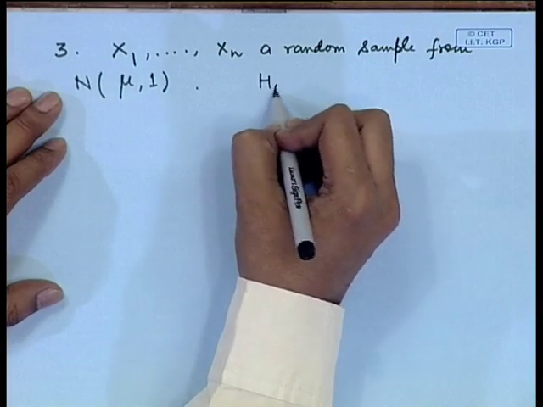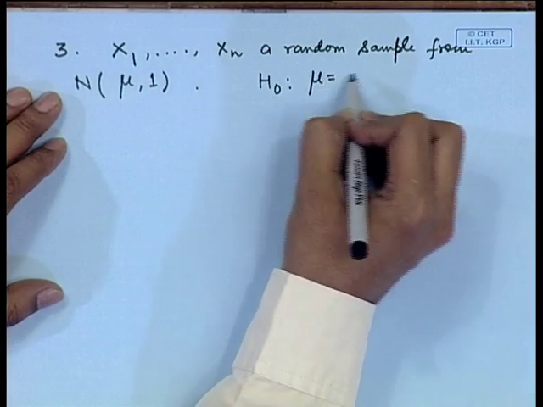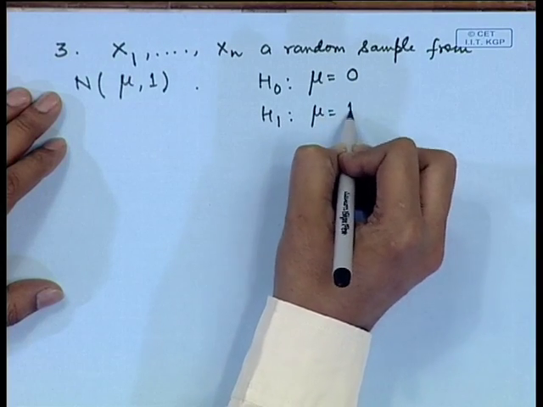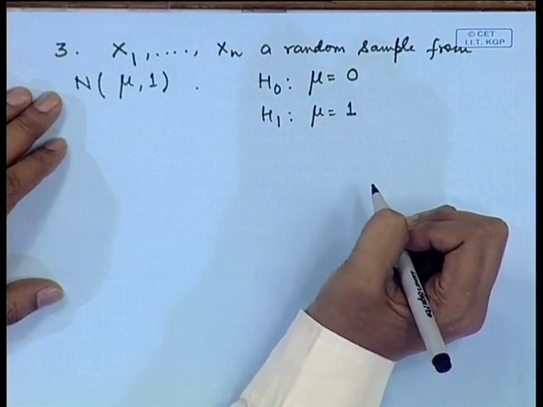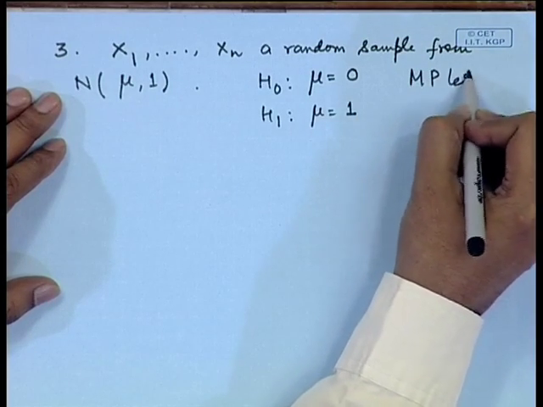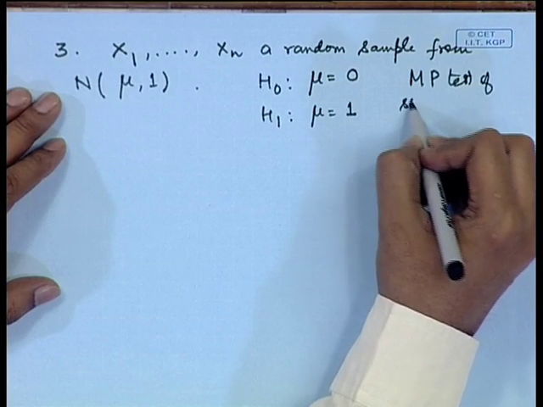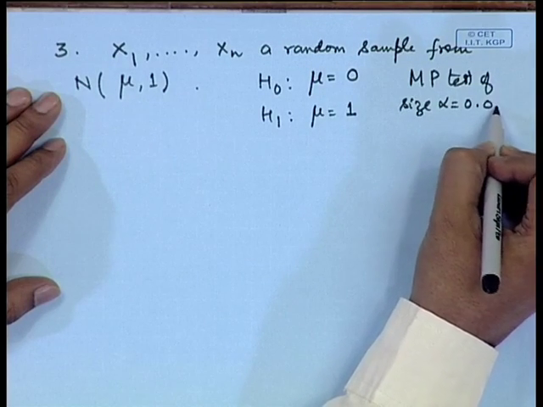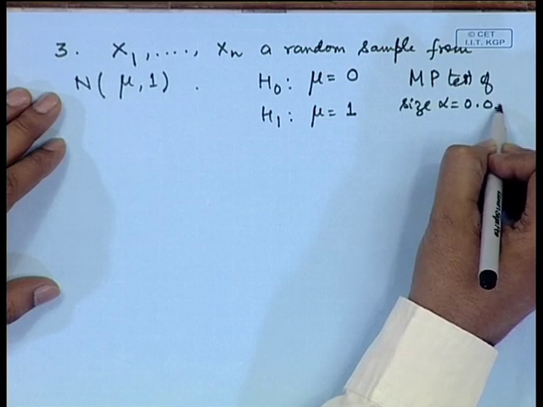We want to test the hypothesis say mu is equal to 0 against say mu is equal to 1. We want the most powerful test of a certain size say alpha is equal to 0.05 say.